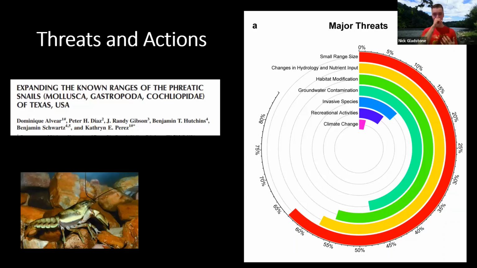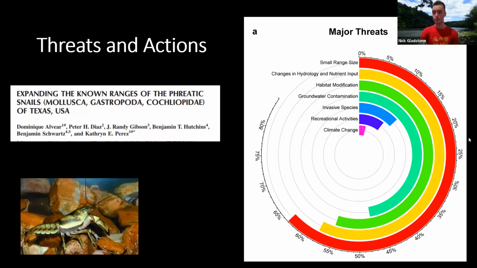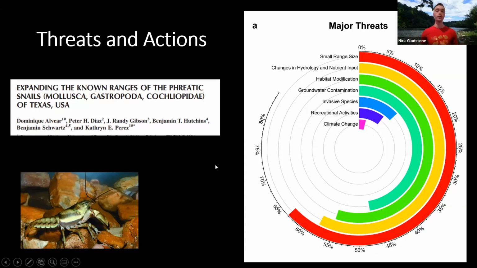So the threats associated with these species, part of what we did with this paper is just try to speak to what we don't know and how we fix that. The biggest threat, I've mentioned this time and time again, is that as far as we understand, they don't have very large distributions. They aren't known from multiple rivers across multiple states.